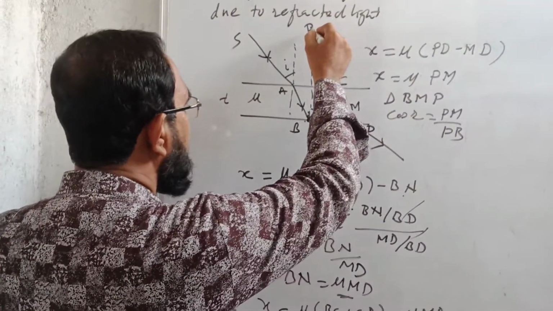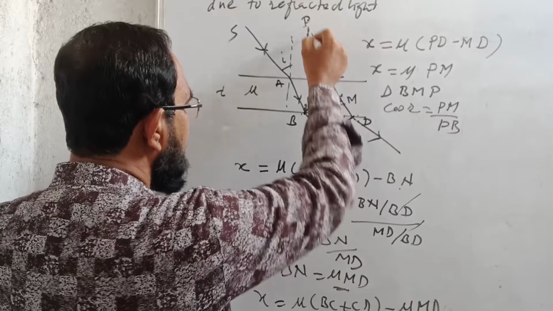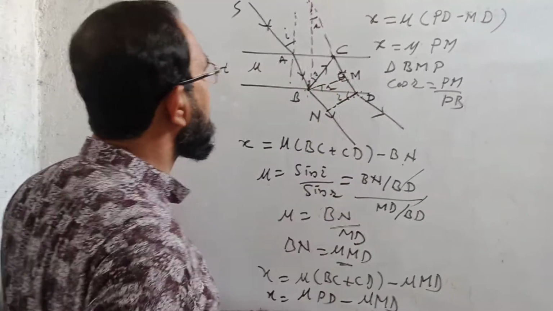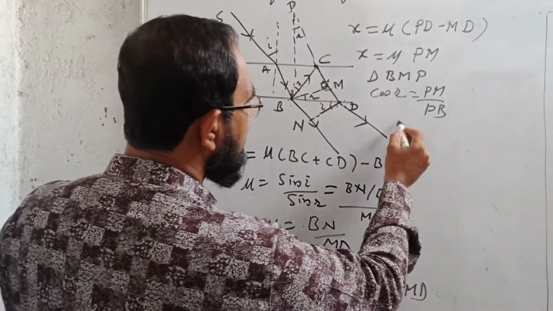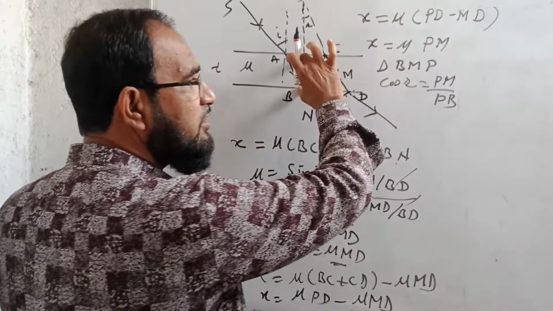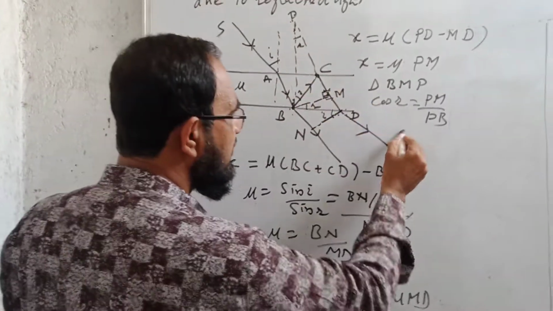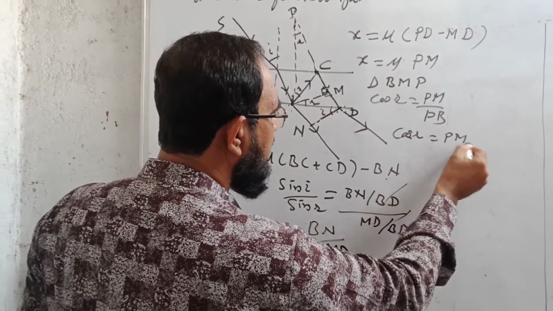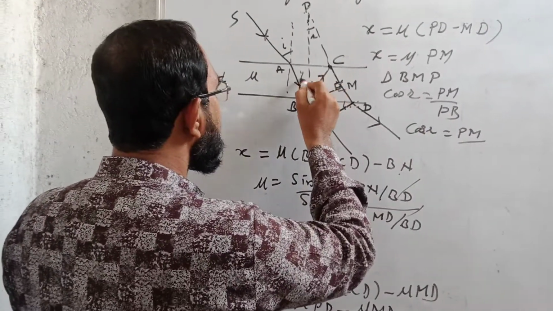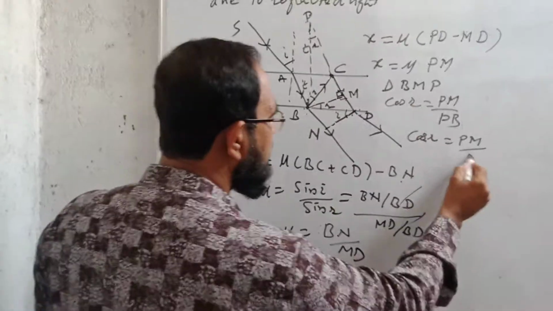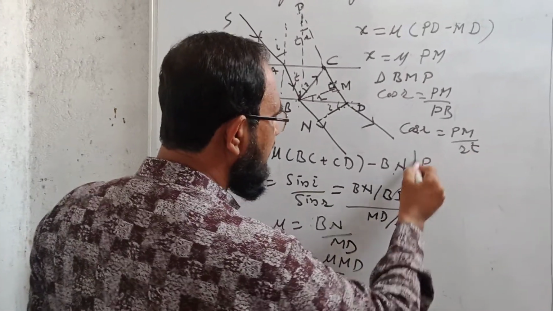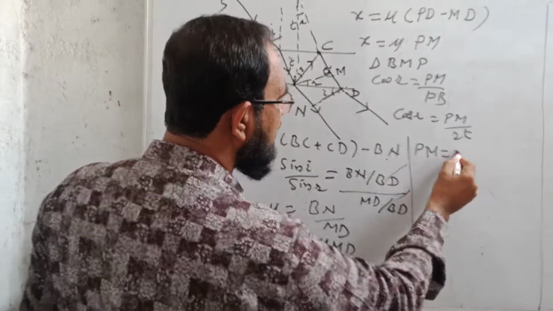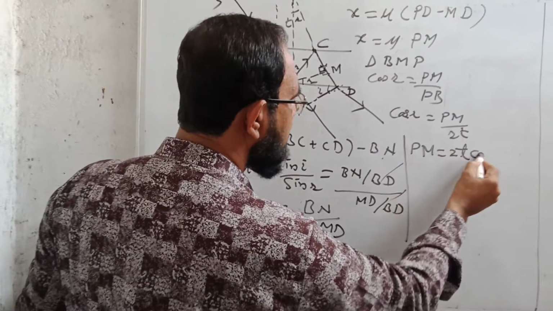PM is the adjacent side of this cos r and PB is the hypotenuse. This distance is thickness t, and this is also thickness t, therefore cos r is equal to PM upon t plus t, that is 2t. So the value of PM is equal to 2t cos r.